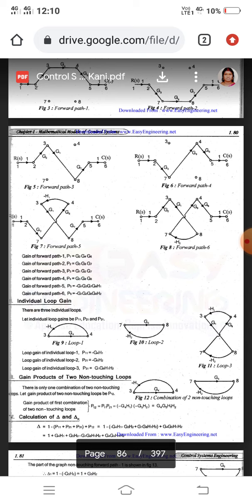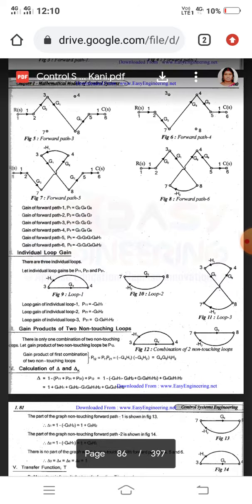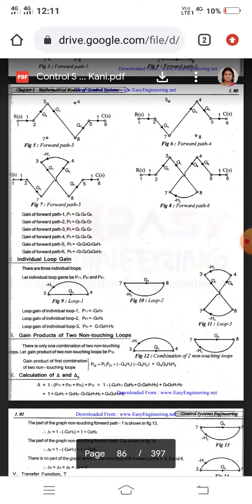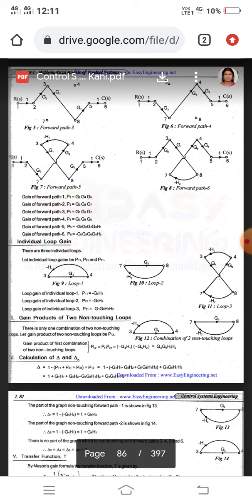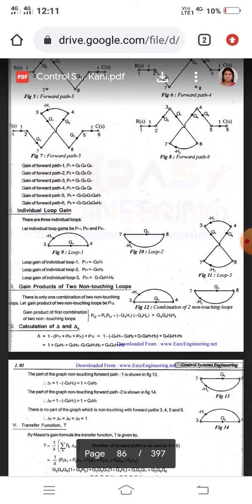Third forward path P3 equals G1, G2, G7. Fourth forward path is G3, G5, G8. Fifth forward path is G1, G3, G7, G8, H1. Sixth forward path is minus G1, G2, G6, G8, G7. This is the number of forward paths in this problem.